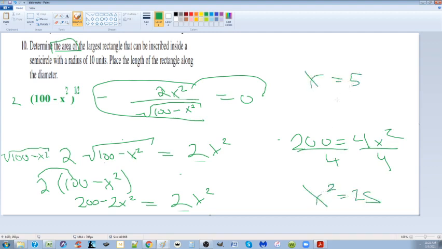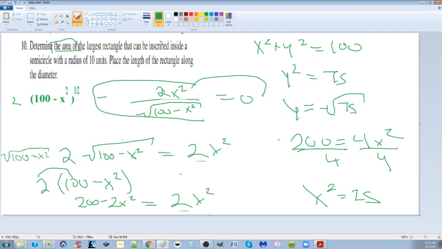Only use the positive one, even though there's a negative 5 as well. I'm going to go back to this. I'm going to put the 5 in there. And I'm going to get 25. So y squared is going to be equal to 75. And just to put it easier, y is going to be the square root of that.